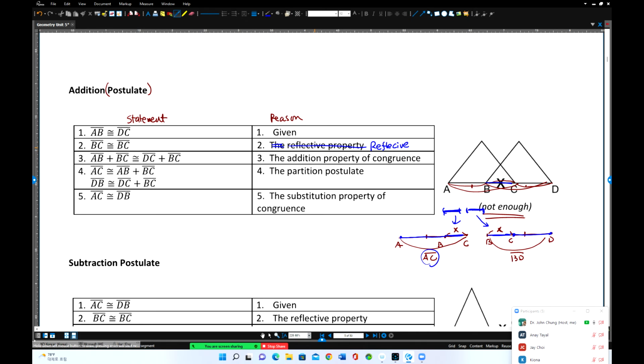Reflexive, right? I'm going to check it out. Oh, okay. Just give me a minute, okay? That is reflexive. Nobody said reflective. Just give me a minute. Okay, I did wrong.